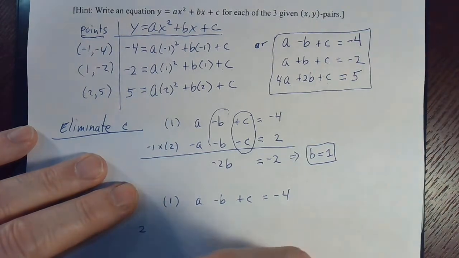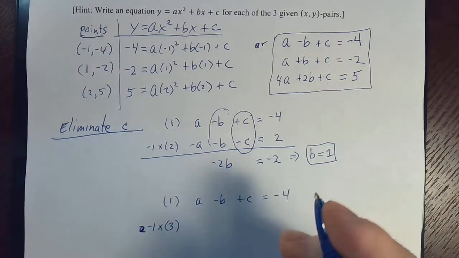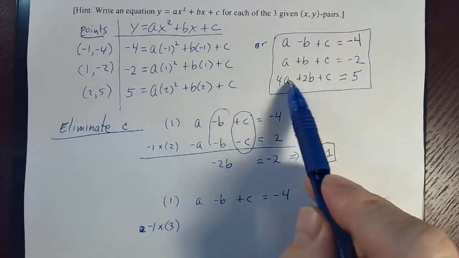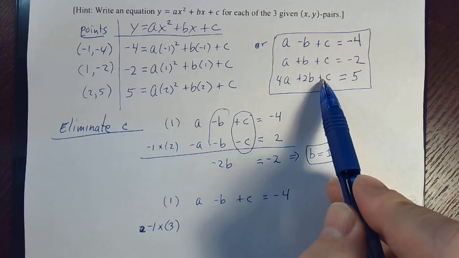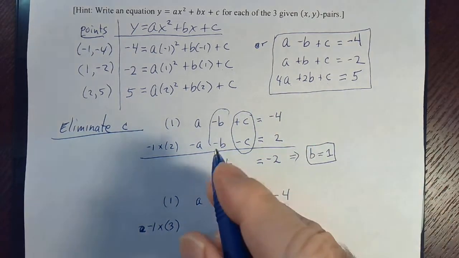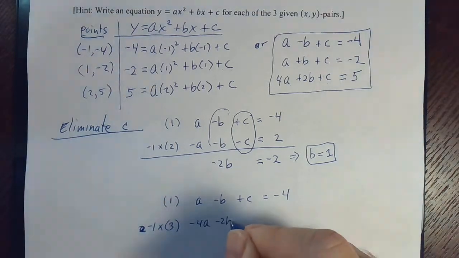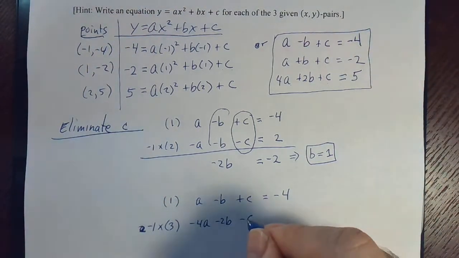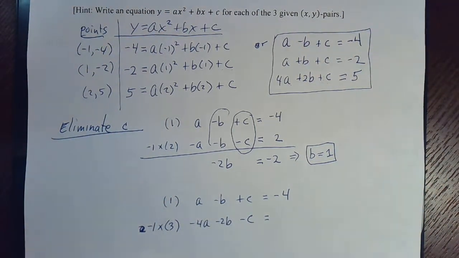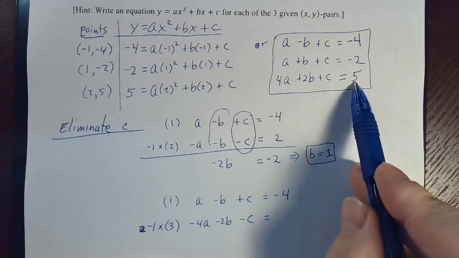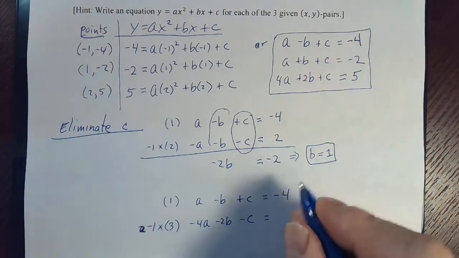So that would be negative 4a minus 2b minus c is equal to negative 5.